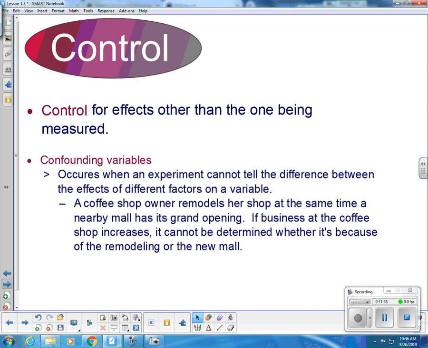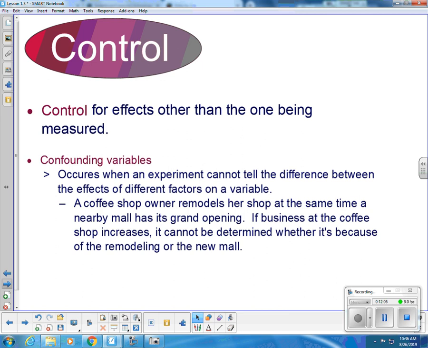You're controlling for effects other than the one being measured. All right? So if you have confounding variables, it means you're not sure what caused the result. So for instance, a coffee shop owner remodels her shop at the same time the mall has its grand opening. So she notices the coffee shop business increased. But what increased the business? Was it her remodeling, or was it the new mall that opened?